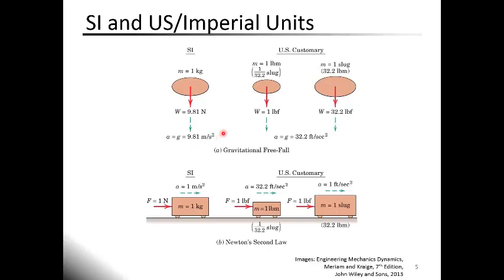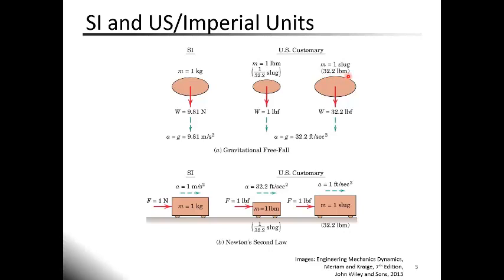If we compare this to the US customary units or imperial units, at the right-hand side, we have a mass of one slug, where they measure the mass in slug. It's equivalent to 32.2 pound mass, compared to the kilogram in the SI units.